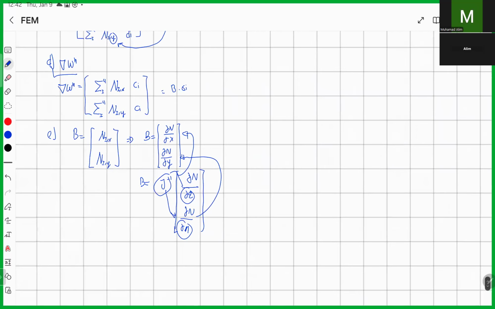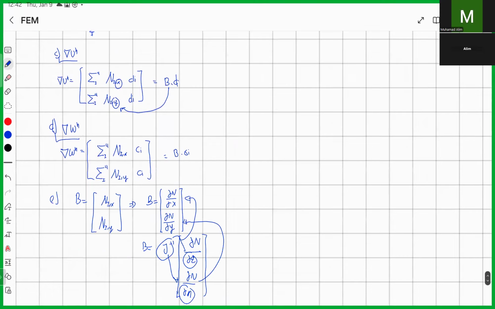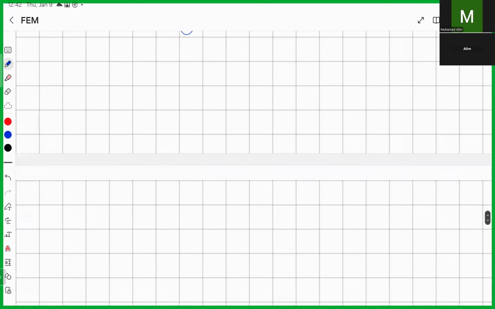So we know this, but now what we're gonna try to do is to find the Jacobian, correct? So what's the Jacobian? Okay, so we want to find the Jacobian.